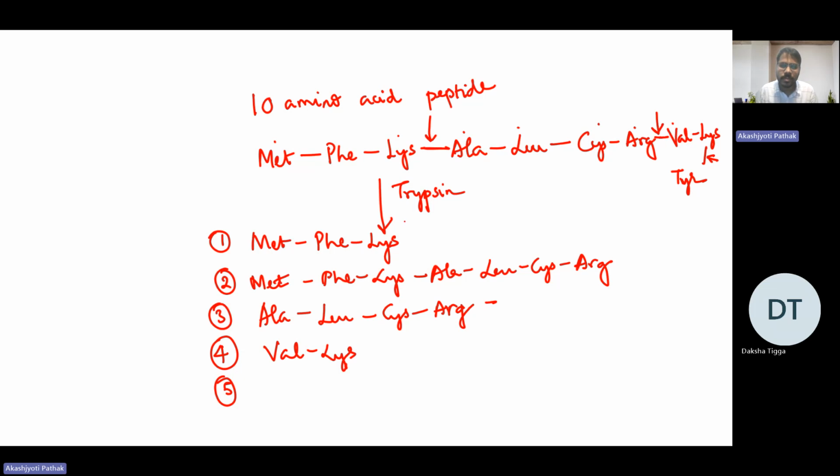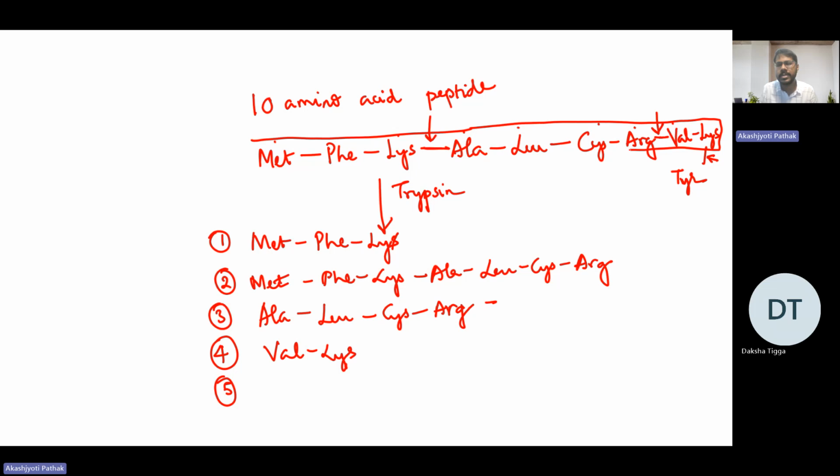Once you have these different peptide sequences, you can do sequencing and then align them to determine the entire sequence of your peptide molecule. Some peptides will also have the sequence starting from methionine, phenylalanine, lysine, alanine till here.